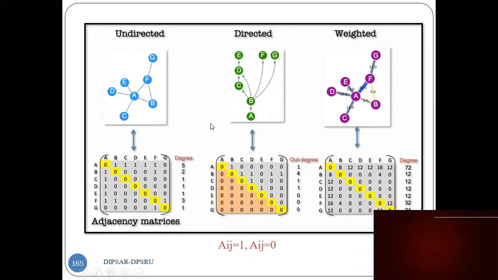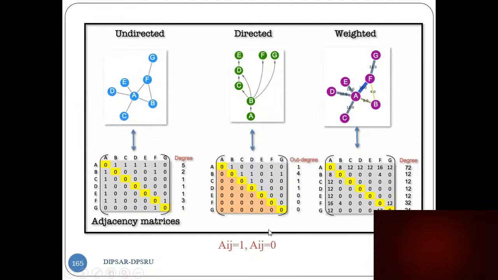But all graphs you can put in the adjacency matrix, and you can calculate, right? When weightage is given for the connection between nodes, you put the weightage instead of 1 or 0.